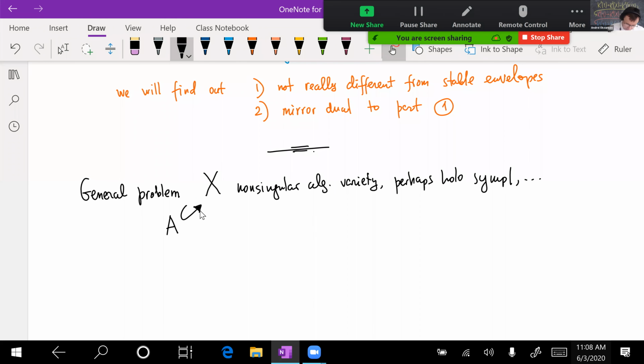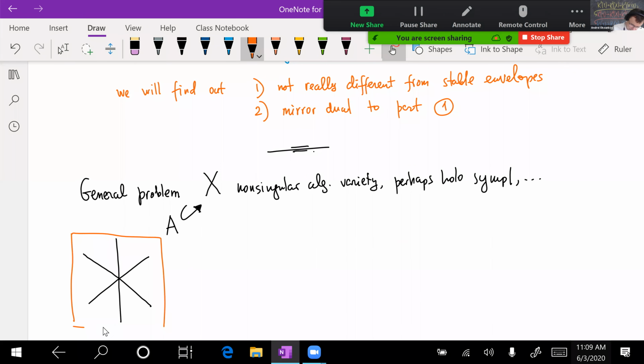and we would like to have, for every point, we look at the Lie algebra of A, and in the Lie algebra of A we have this diagram. Namely, we look at the difference.